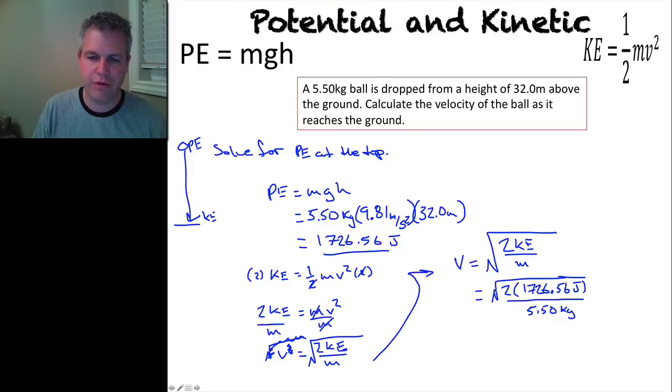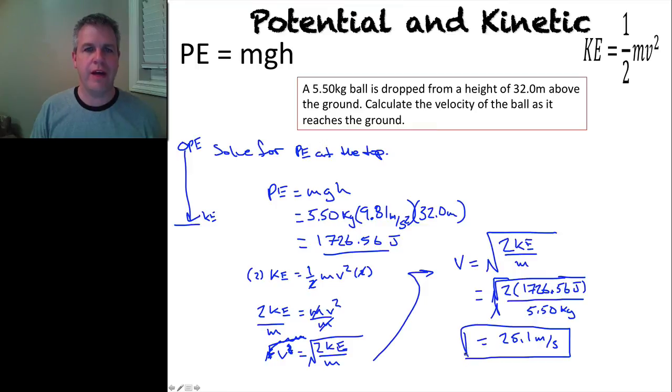Make sure that the square root sign comes down to the bottom. When I do all of that work, I end up with 25.1 meters per second. So now I know that when the ball hits the ground, it's going to be traveling 25.1 meters per second.